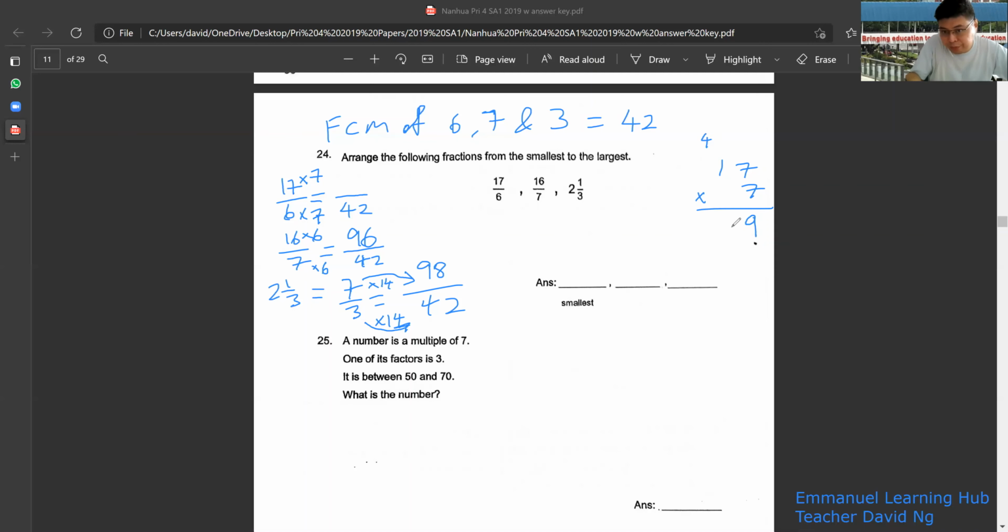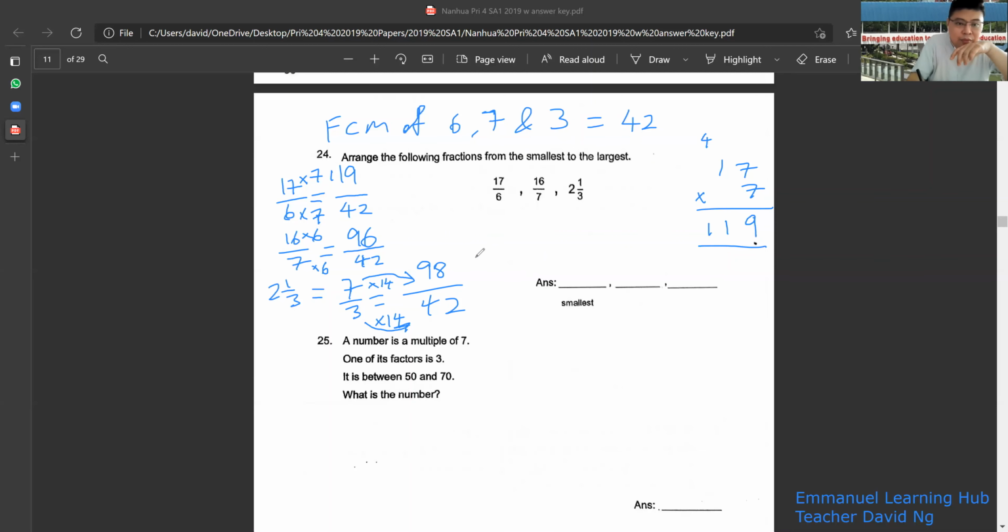Okay, then this one. 11. Very good. So here is 119. Okay, now you tell me which one is the largest. Okay, smallest. The one smallest first.